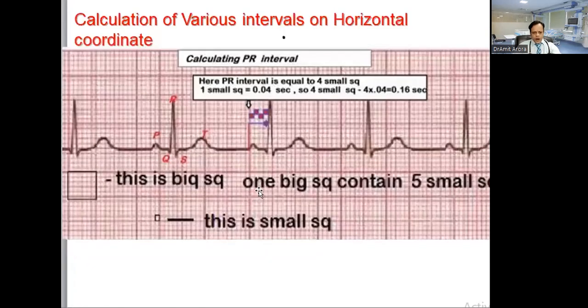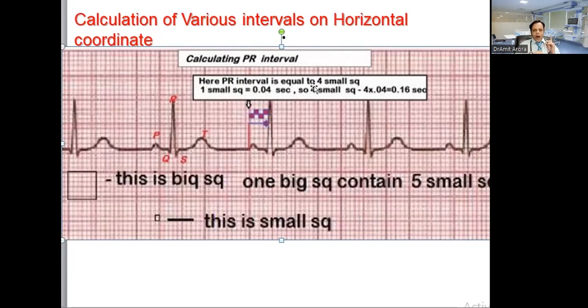Now let us understand how to calculate the PR interval. The PR interval is calculated from the very beginning of the P wave to the R wave. We count the number of small squares between P and R. I have marked the small squares in red: 1, 2, 3, 4, around 4.